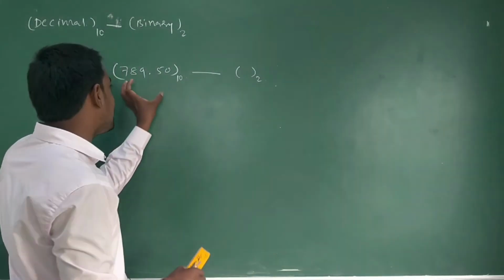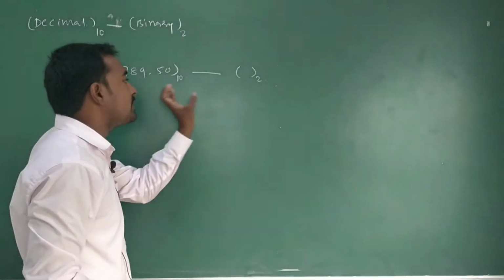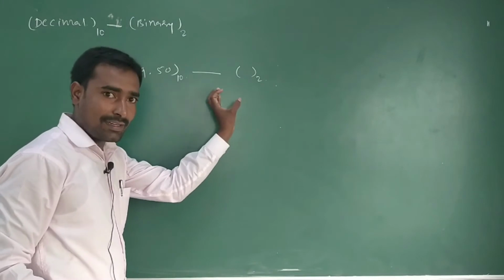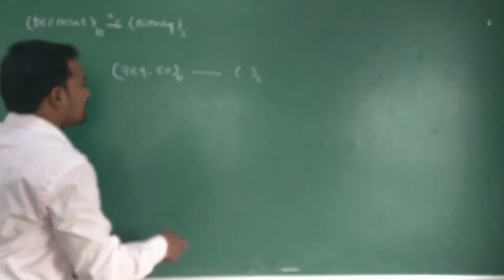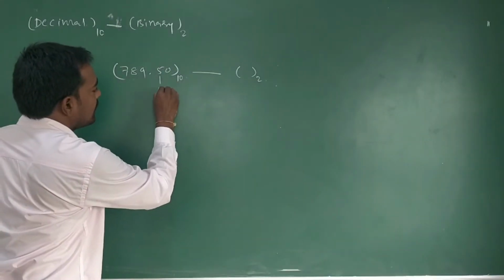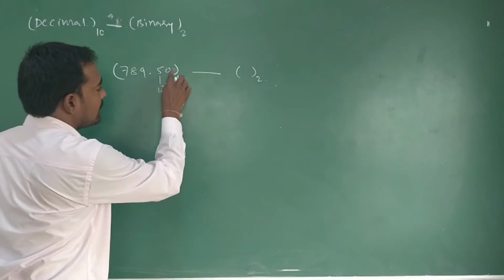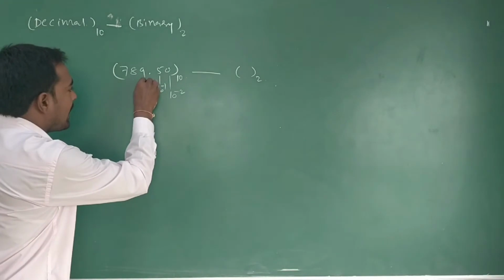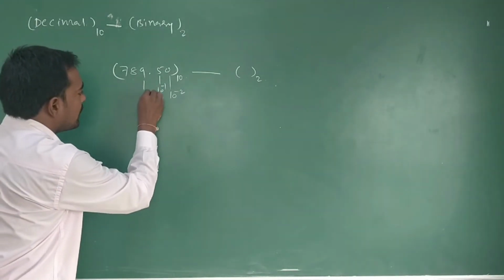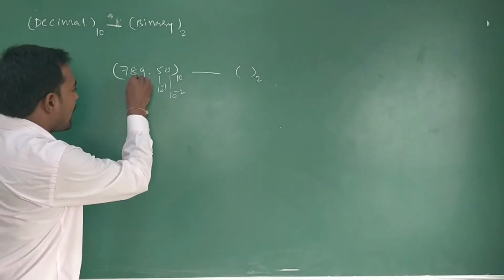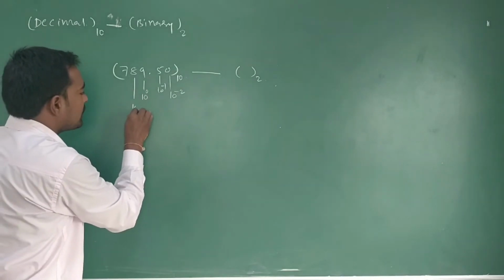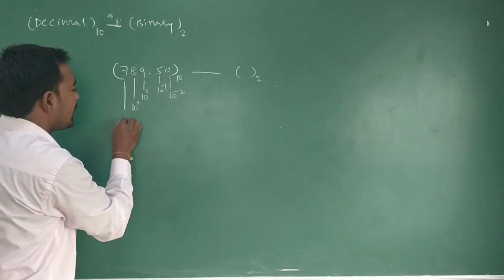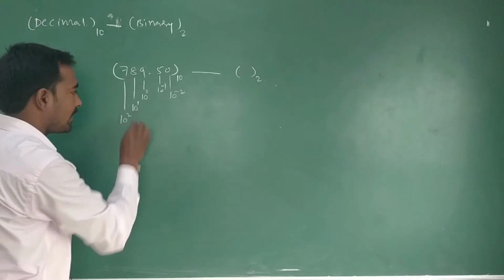That means we have to represent this number in only ones and zeros. This indicates the position of 10 to the power of minus 1, this indicates the position of minus 2, the 9 is the position of 10 to the power of 0, the 8 is the position of 10 to the power of 1, and this indicates the position of 10 squared.